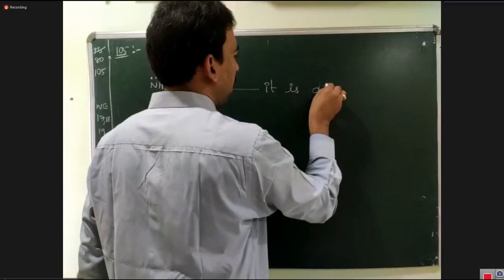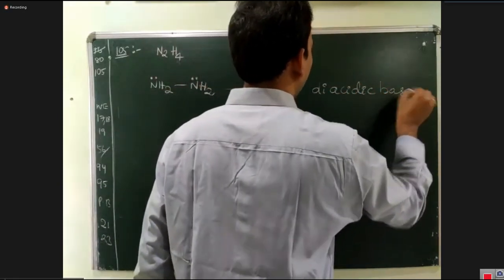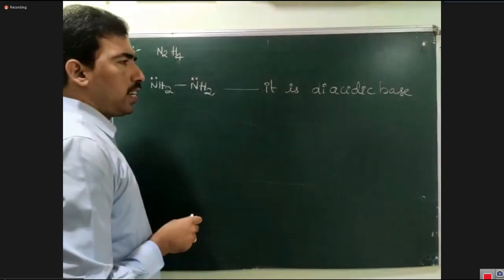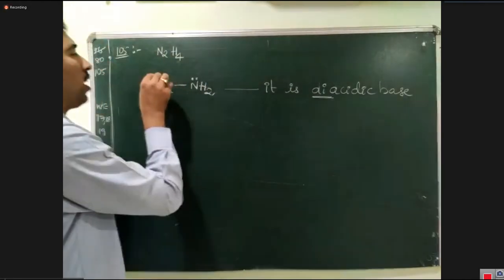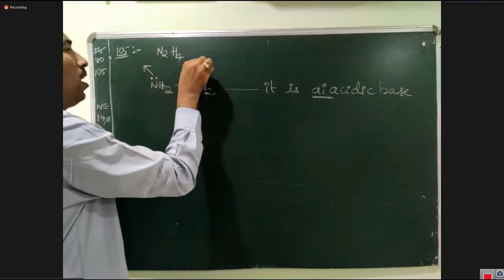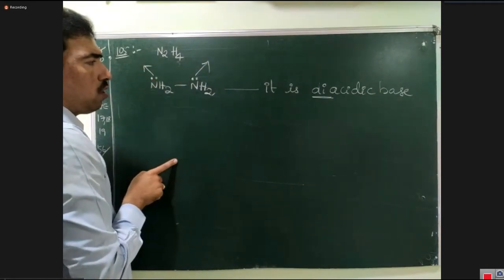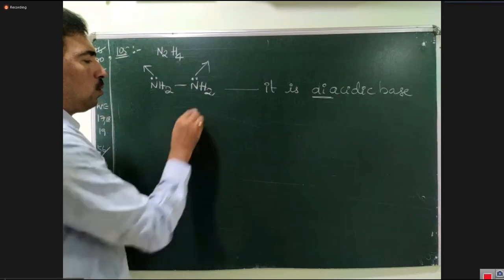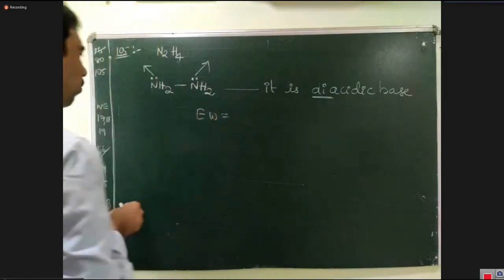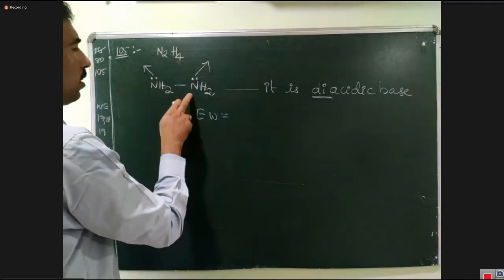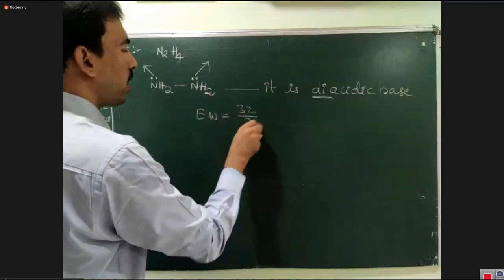So it is a diacidic base. Diacidic base means its acidity is 2. That means it can donate 2 lone pairs of electrons to the others. This one can donate and that one also can donate. As acidity is 2, equivalent weight is equal to the molecular weight of N2H4, 16 plus 16, 32, by n factor 2.